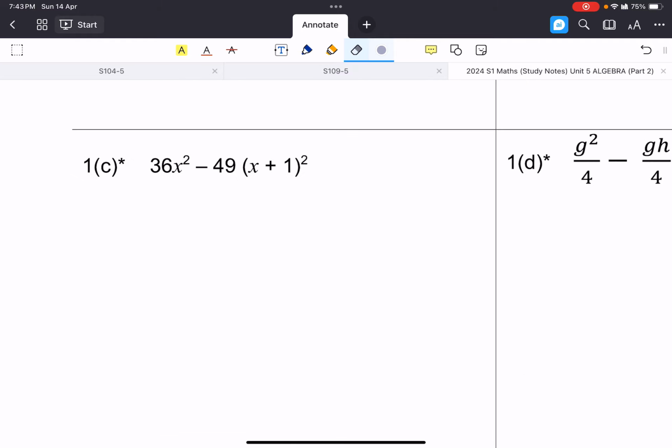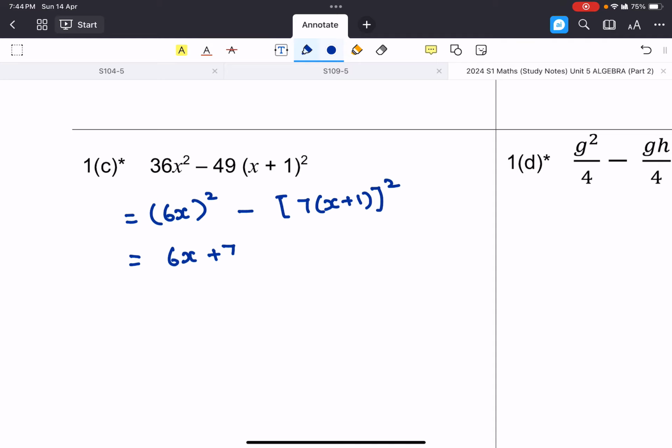Same scenario? Probably. So what happened? Over here, I take a look at this and I say, okay, this could be 6x squared, minus, on this side, it will actually be 7x plus 1 squared. So that will give me 6x plus 7x plus 1 multiplied by 6x minus 7x plus 1.